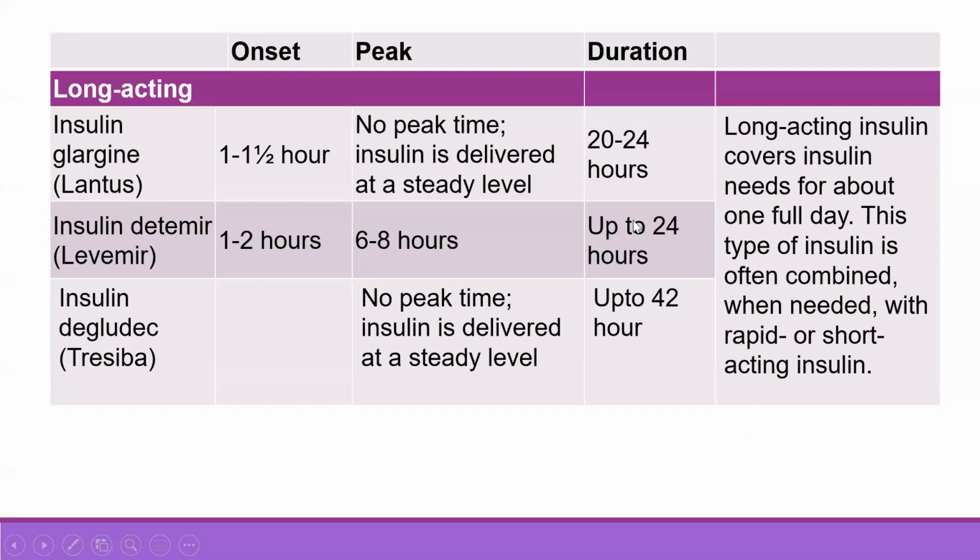In many cases, we have to give two injections to cover the whole 24 hours. On the other hand, glargine is a wonderful basal insulin, which has a duration of action of roughly around 24 hours, and in most situations you can give it once a day. The best among the lot, though it comes with a very premium price, is degludec, which has a duration of action of 42 hours.